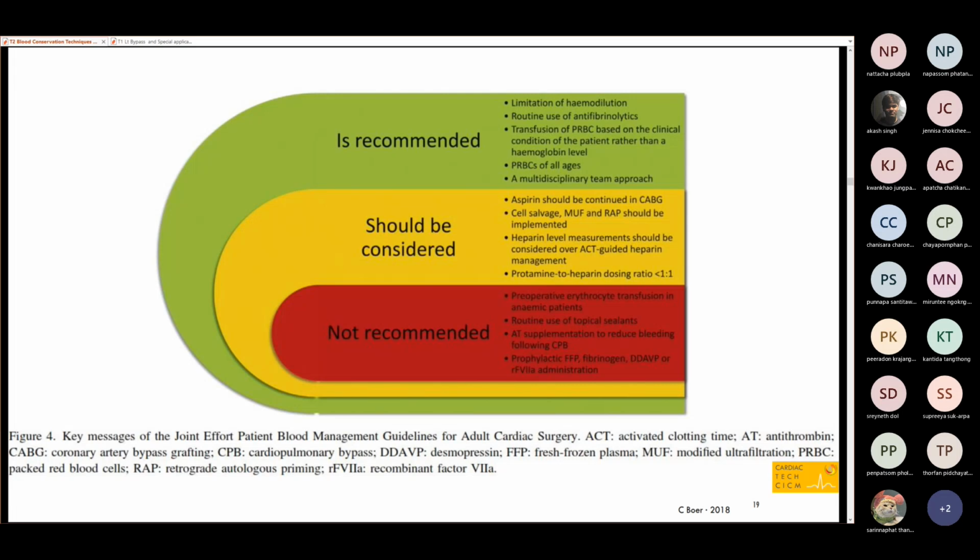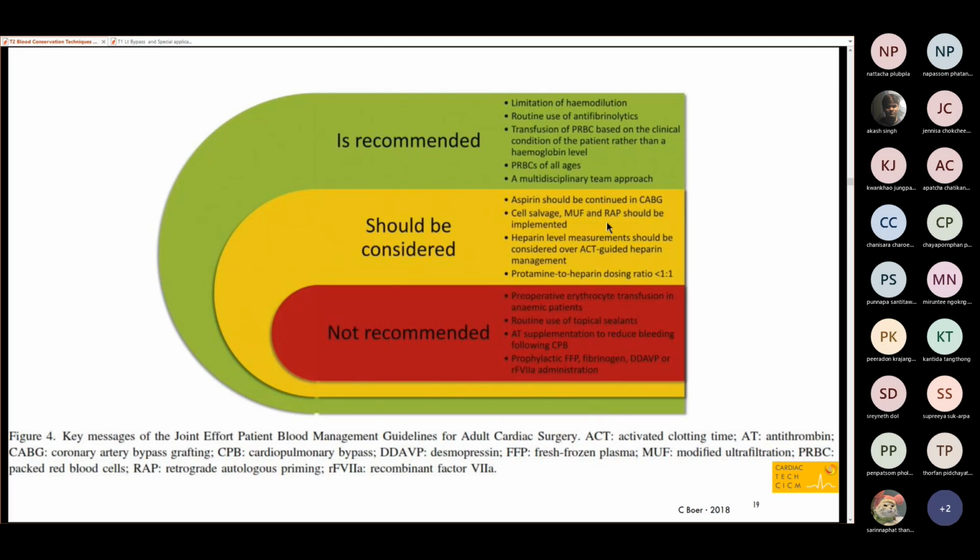The team approach is also important, and should be considered, as some teams prefer to do that. Whether aspirin is going to continue or not, like the previous slide, right? Cell salvage or cell saver, MUF or other filtration that we're going to talk about today.